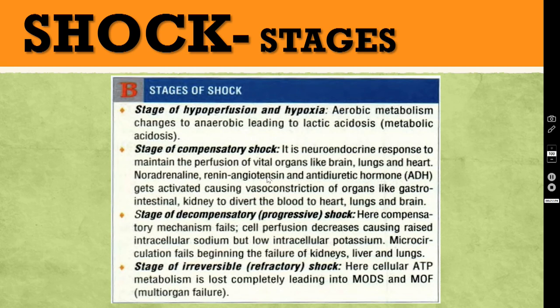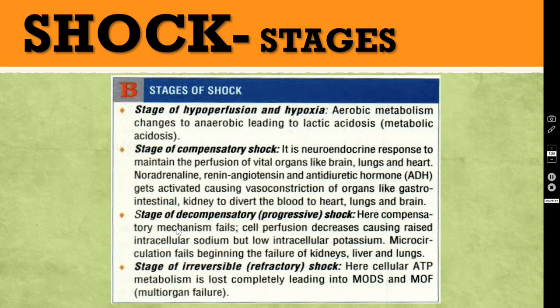Noradrenaline, renin-angiotensin, and antidiuretic hormone ADH get activated, causing vasoconstriction of organs like the gastrointestinal tract and kidney, to divert the blood to heart, lungs, and brain. This is compensatory shock. Here the BP will be compensated to some extent.